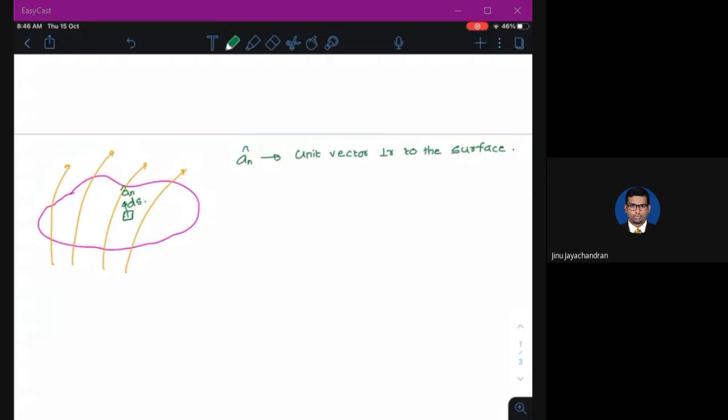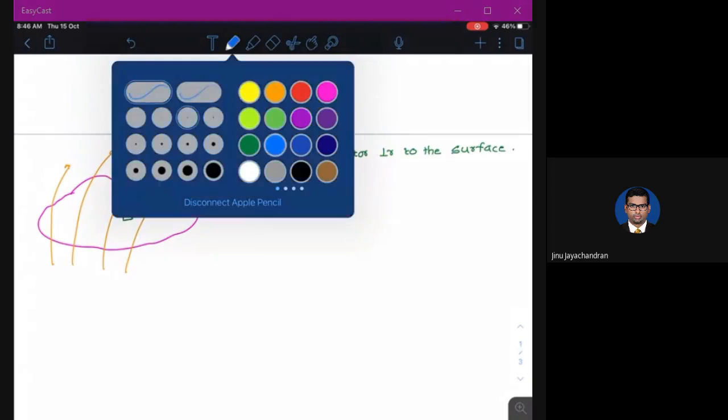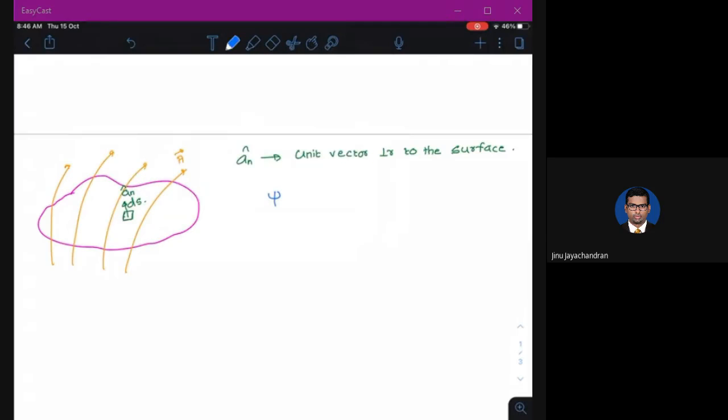And this A, you want to find out how much A influences the surface. Okay, so what you do is, using the surface integral, we denote as psi, integral along the surface S. Assume that the surface is S. A dot n cap ds.